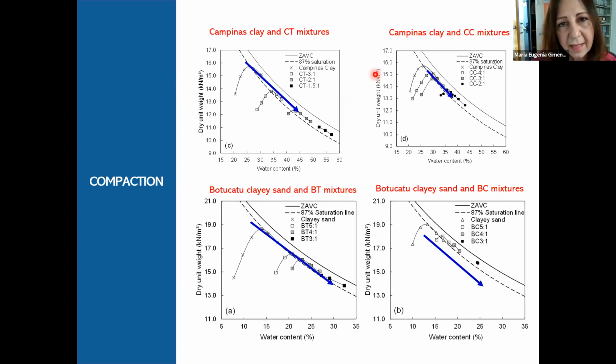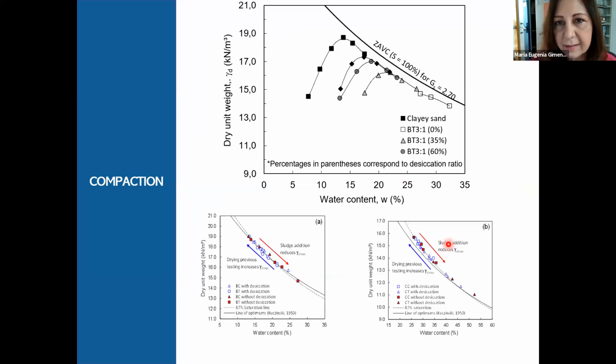For some traces, the mixtures were prepared wet of optimum, resulted wet of optimum, and therefore were of limited workability. As you can see here, this mixture, or this here, or here. However, drying the mixture prior to compaction raises the maximum dry unit weight and decreases the optimum water content.